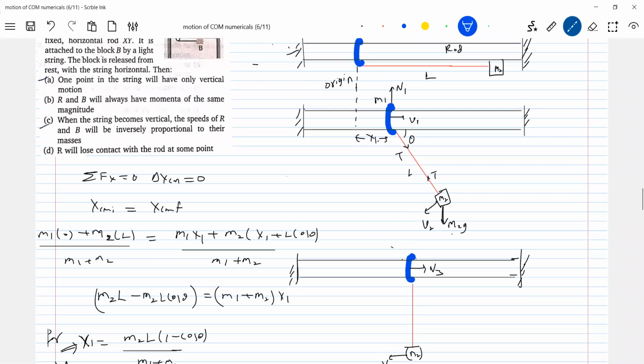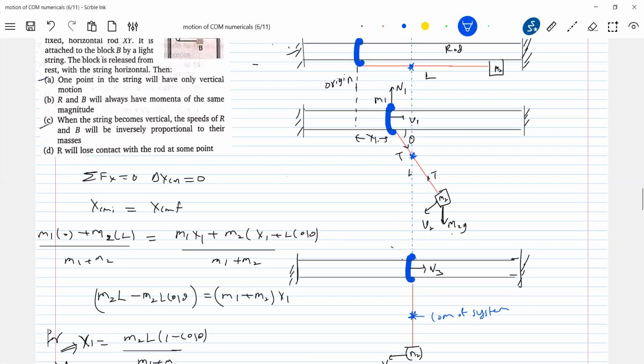I'm going to draw a vertical line. That particular point is, what is that star mark? It is the center of mass of the system.